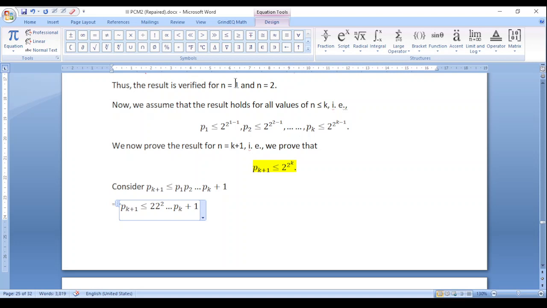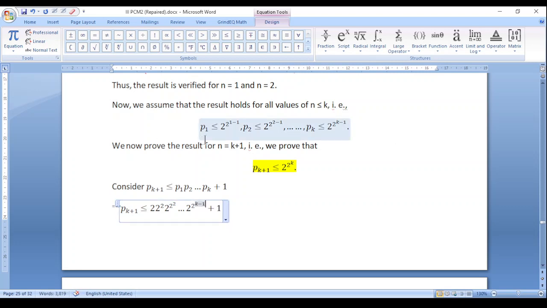What is P3 then? It's going to be 2 to the power 2 square, correct? And so on. Or what is going to be Pk? Pk is going to be 2 to the power 2 to the power k minus 1, right?